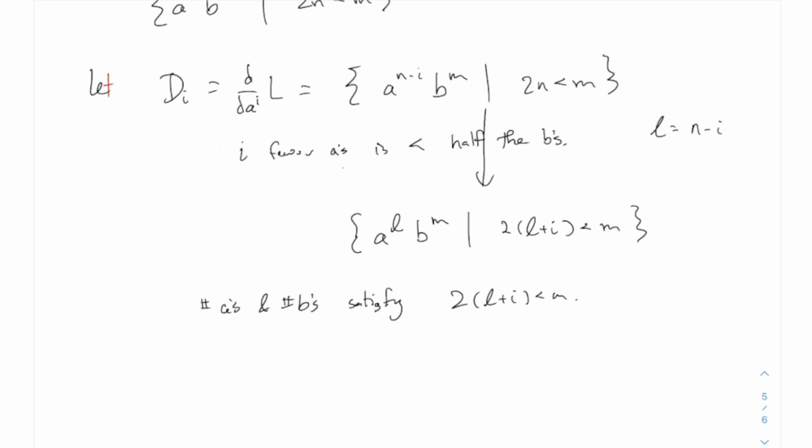It's hard to be convinced that you're saying it exactly correctly. I have another version where I changed it to i fewer a's where i is less than half of the number of b's. Something like that, although I'm not sure that was a real sentence.